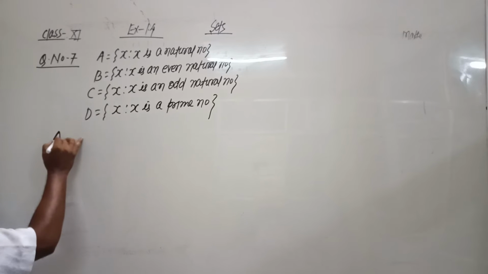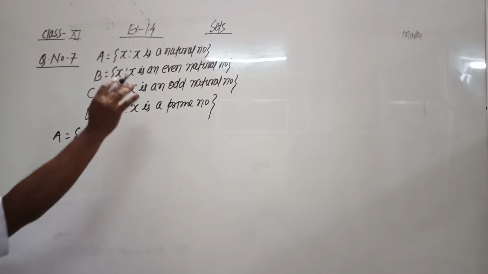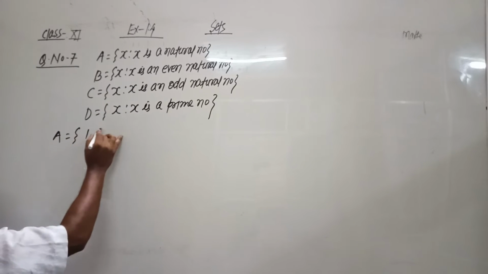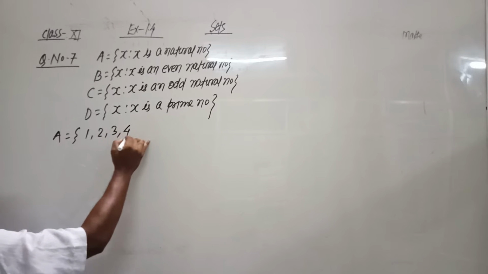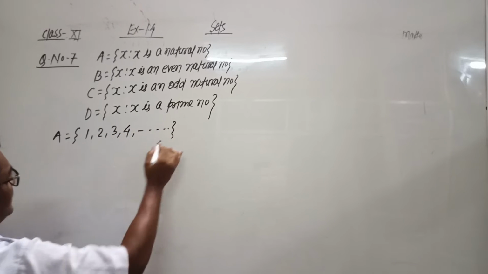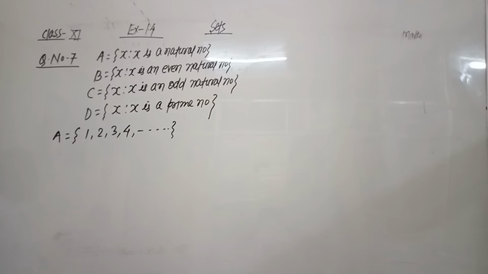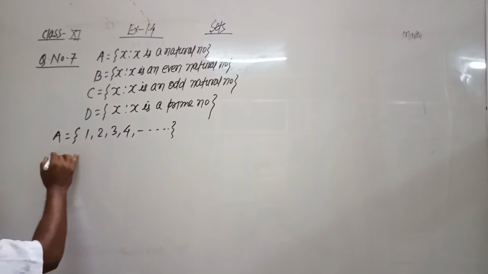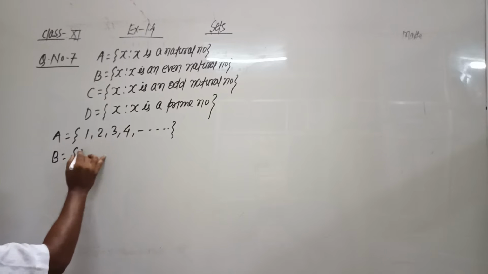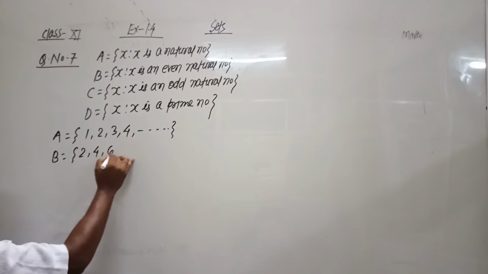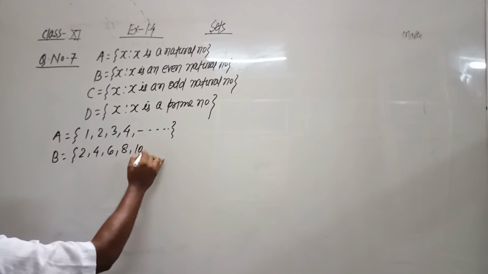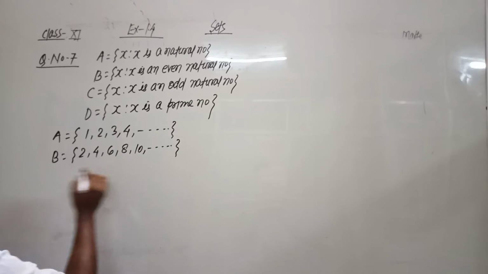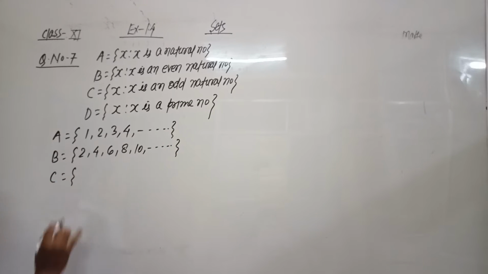So set A, natural numbers, is 1, 2, 3, 4 and so on, because there are infinite natural numbers. Set B is even natural numbers: 2, 4, 6, 8, 10 and so on. They are also infinite.